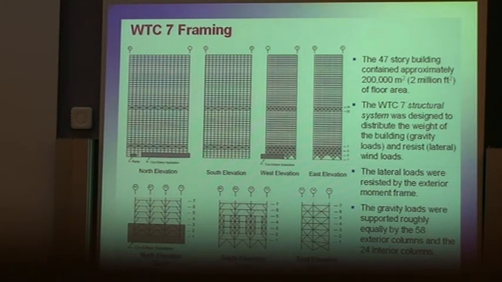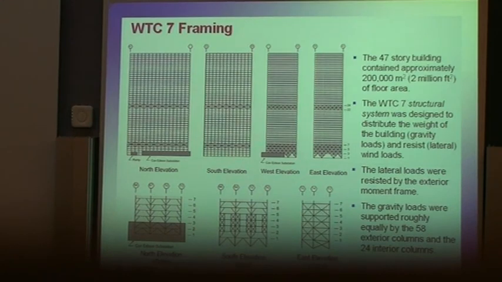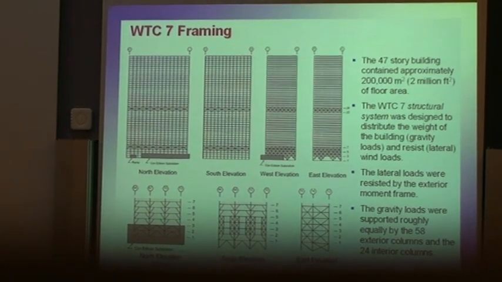If you are familiar with steel construction, all the connections on the perimeter are moment-resisting, while all the connections inside the core of the building are what we call shear or gravity connections, which are much weaker than the moment connections. Moment connections are able to transfer moments to the columns to take the action of the wind loads. But shear connections are just there to transfer the gravity loads to the exterior columns.